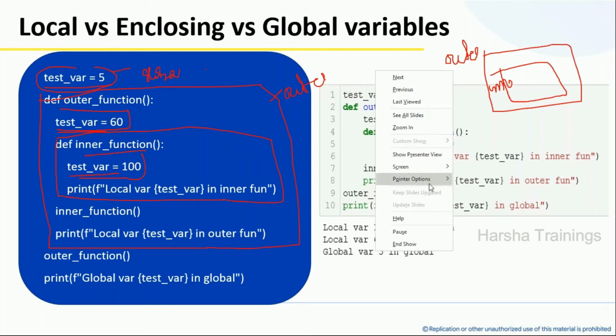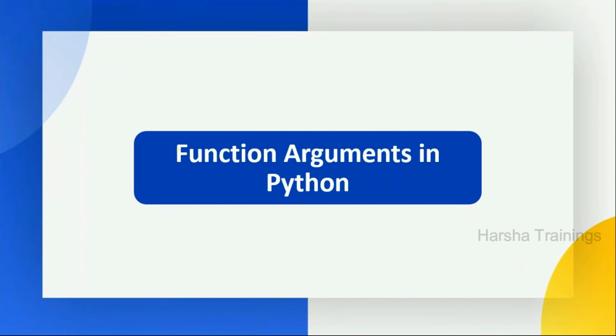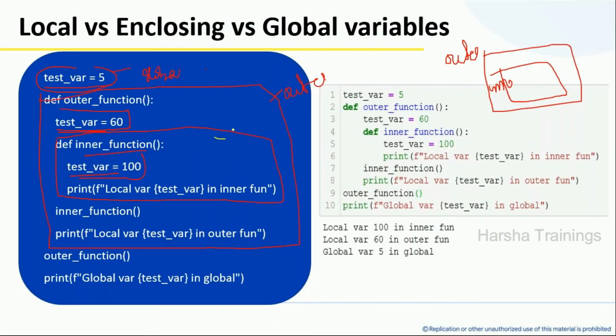Let me take a different color pen, a highlighter, yellow color. Now I think it will be good for us. Now this is called inner. Now shall I call this the global variable? Global.